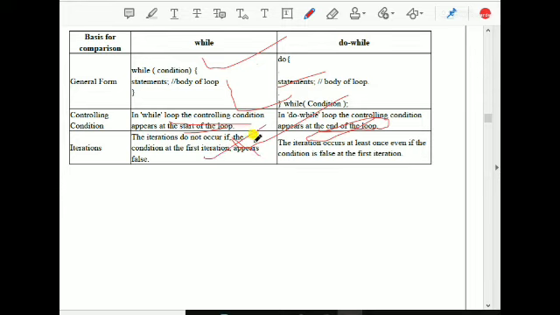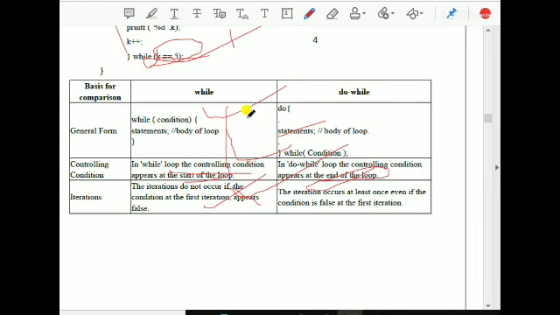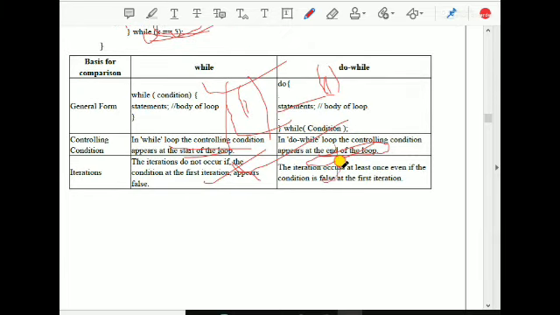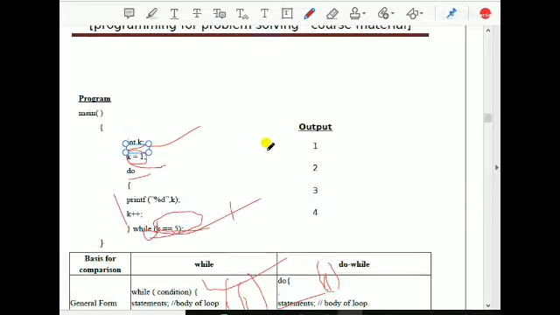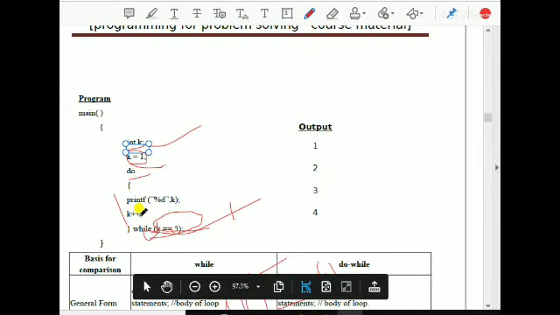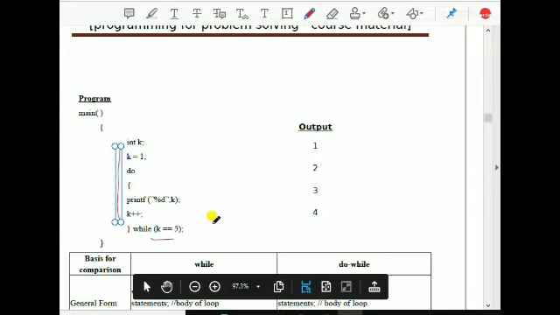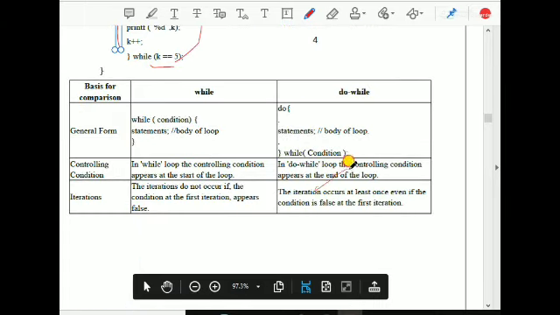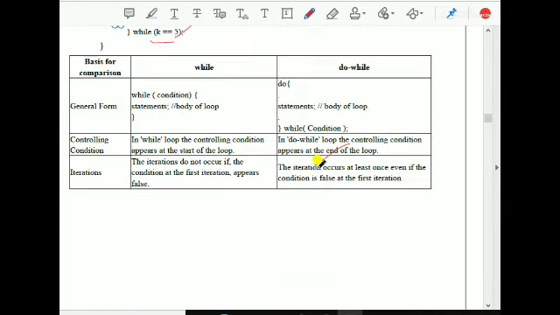Here iteration will not occur if the condition is false, because it will check the condition first in while loop, and here the first iteration will occur because it will check the condition after running the program. So first iteration will run even if the condition is false.